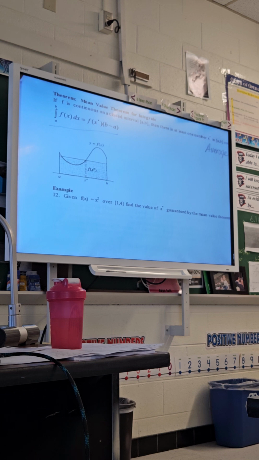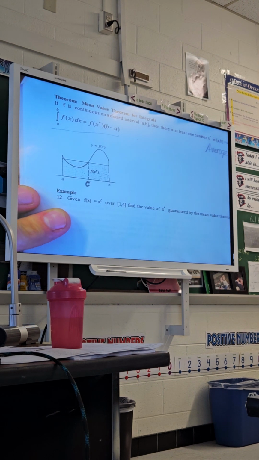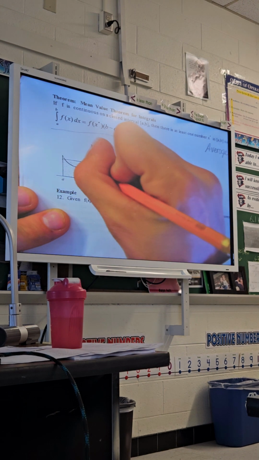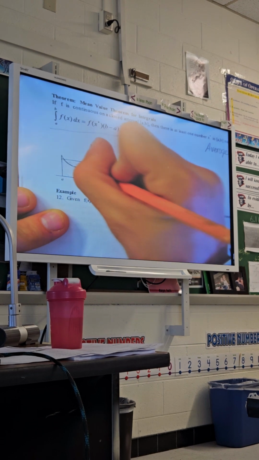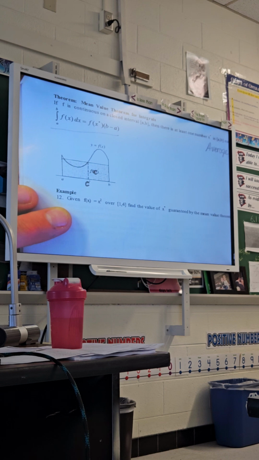You're looking for that area that would capture it under the curve, but you want to find out what is that x star, which we call C. It's the x value such that that point would be on that curve. And what you're going to come up with is that C. But the average value that you come up with is going to actually give you the y value for that point. So you're going to use the average value to find the x value. Does that make sense?